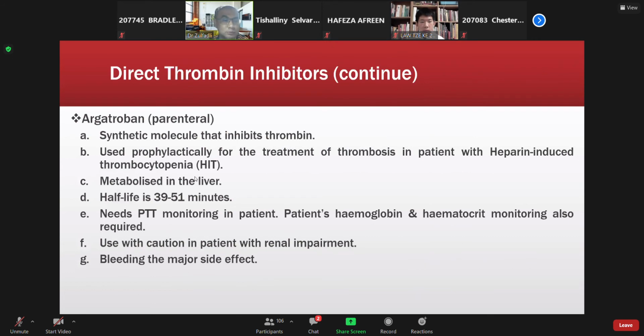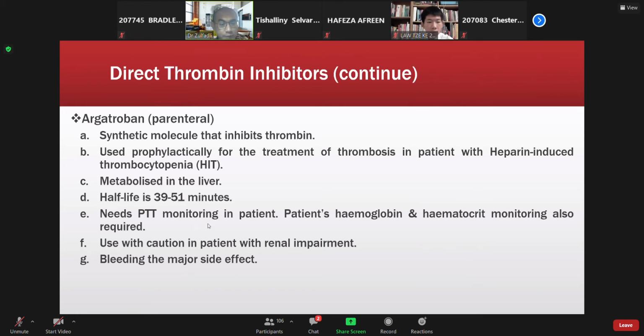Next is argatroban. It's a synthetic molecule that inhibits thrombin, used prophylactically for the treatment of thrombosis in patients with heparin-induced thrombocytopenia. So the argatroban is given to prevent the patient from having thrombocytopenia, okay, due to the heparin consumption.